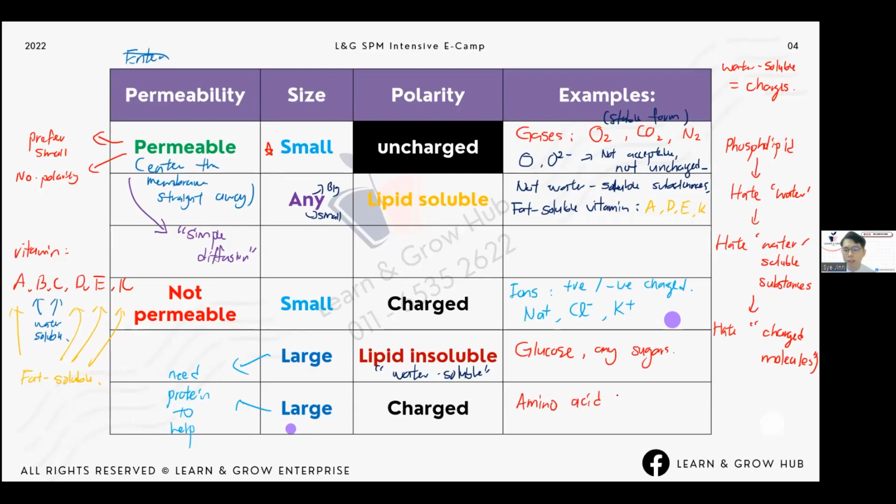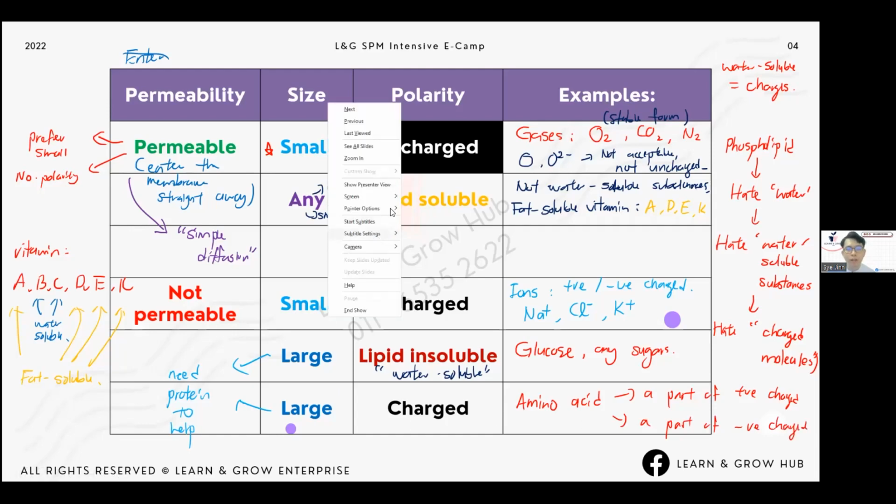So I give some tips here. Amino acid has a part of positive charge and another part of negative charge. So what is the part name? If I teach the theory here and you cannot understand, it means you haven't mastered the theory yet.